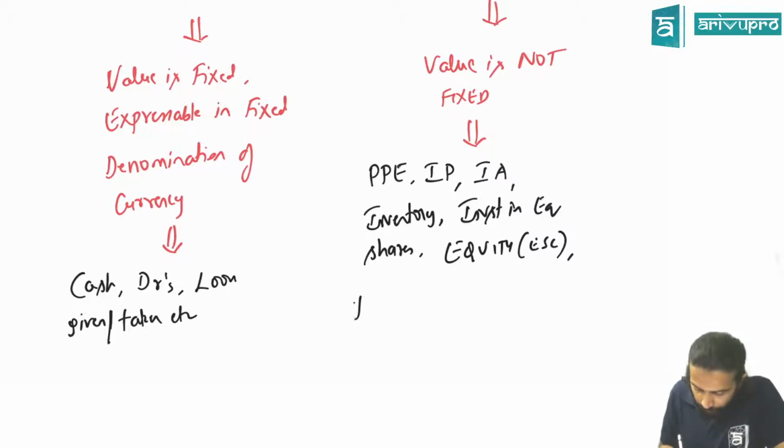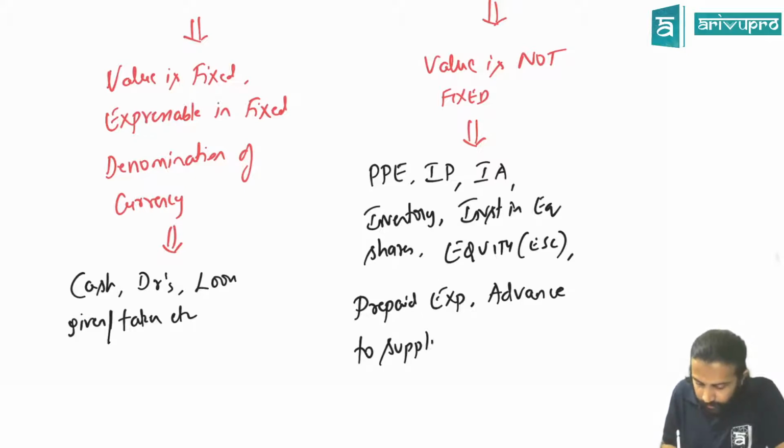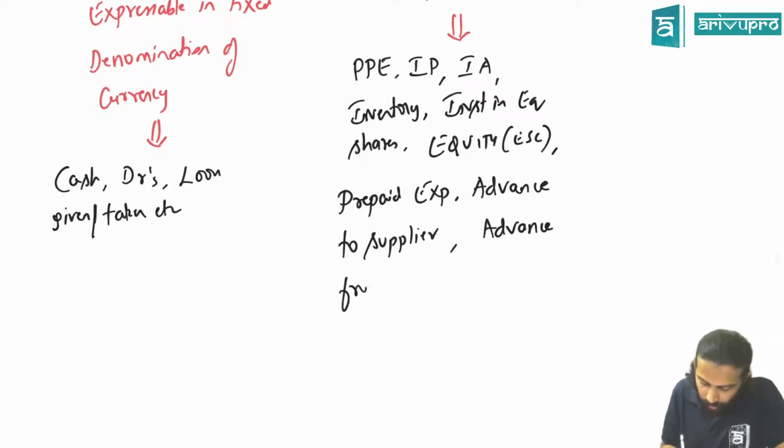Then you can write prepaid expense. One moment, I'll explain why that is. Advance to supplier, advance from customer.